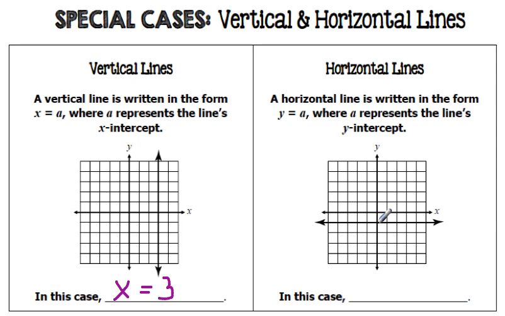So if we count down -1, every point on this line, y is going to equal -1. So let's write that down here. Y equals -1.